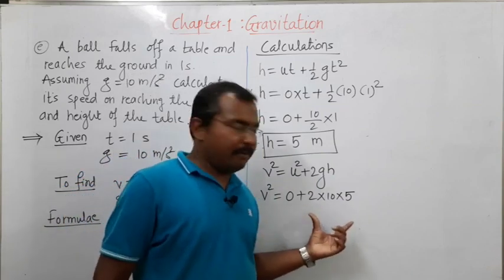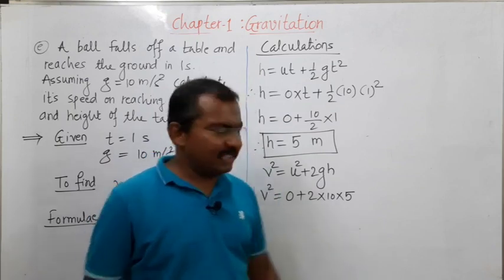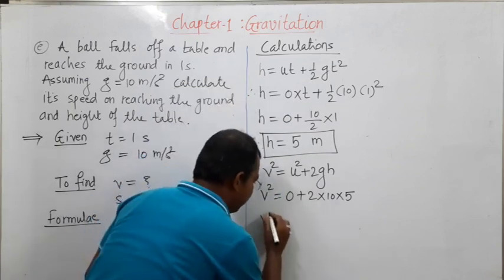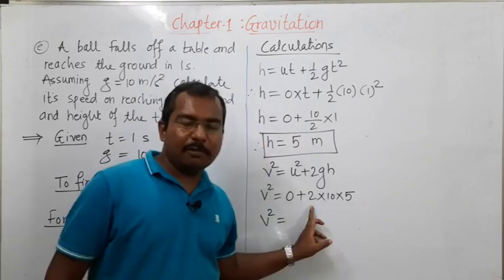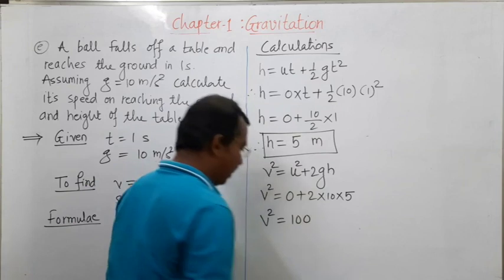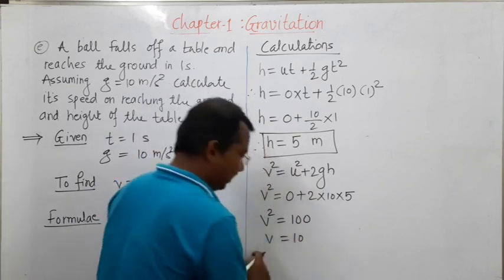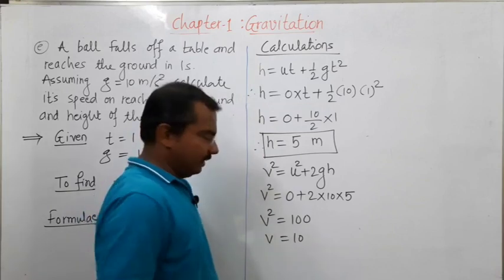And you are very expert in making the calculations. Simple multiplication is there. What will be the value? V square is equal to, this will be 100. Correct? And therefore v square is 100, v will be 10. This is the velocity.